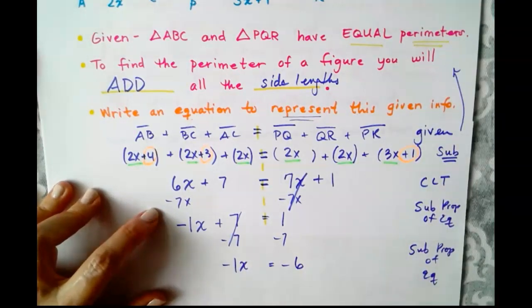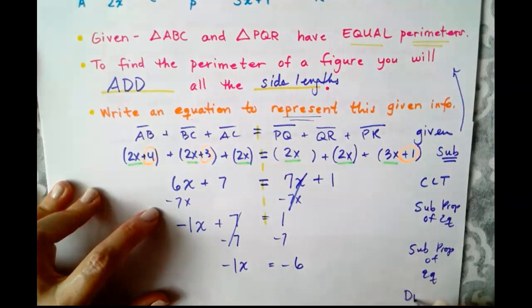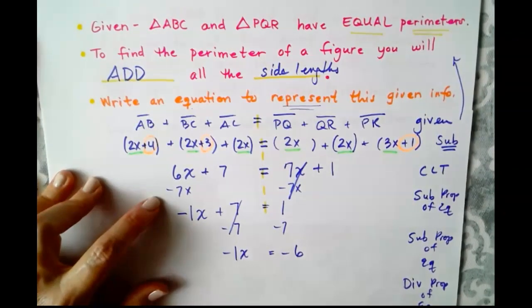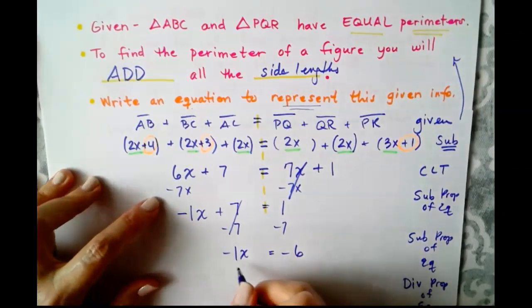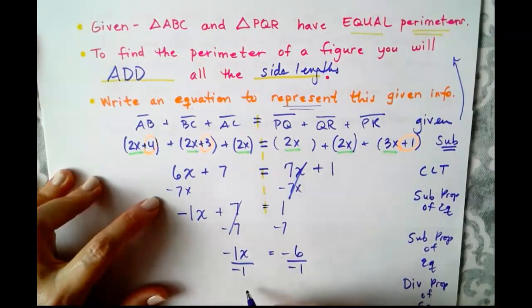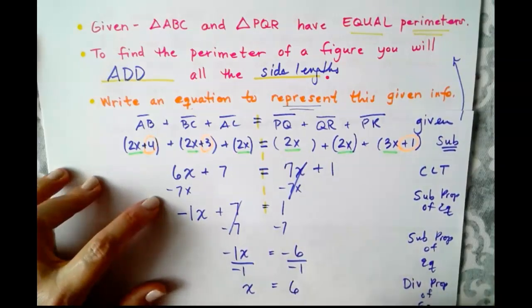And then lastly, to get the x by itself, we're going to use the division property of equality, and we're going to divide both sides by negative 1. And that's x equals negative 6 divided by negative 1 is 6.